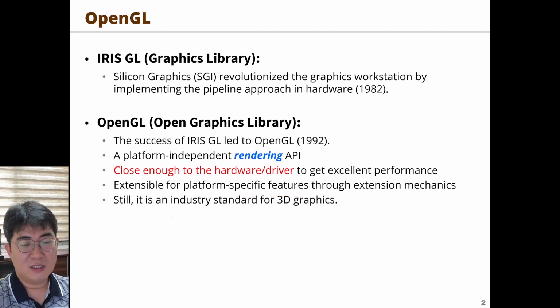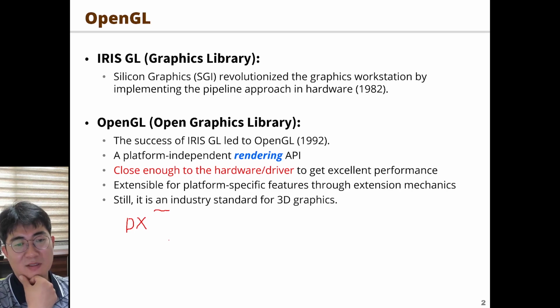Still, it is an industry standard for 3D graphics, but it is only an industry standard, so there are competing APIs. Typically, it's DirectX. DirectX is a similar API made by Microsoft for their PC games and also their consoles like Xbox.